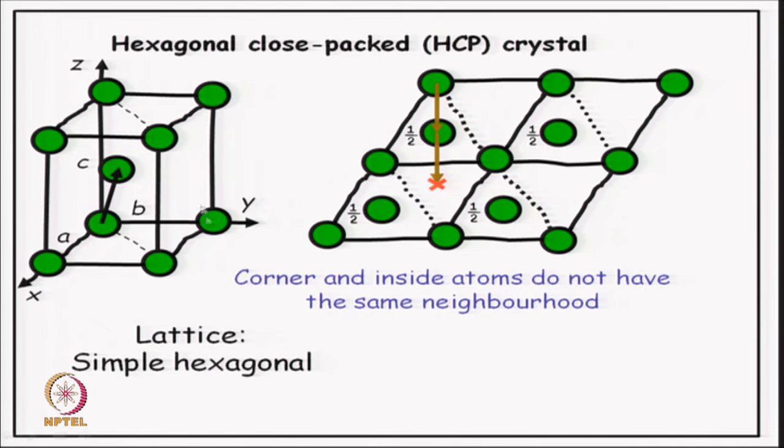I just stated that the unit cell is primitive and it has hexagonal symmetry. So, the lattice is simple hexagonal. However, if I want to build up the structure from the lattice, if I want to get the crystal structure, I have to place all the atoms.